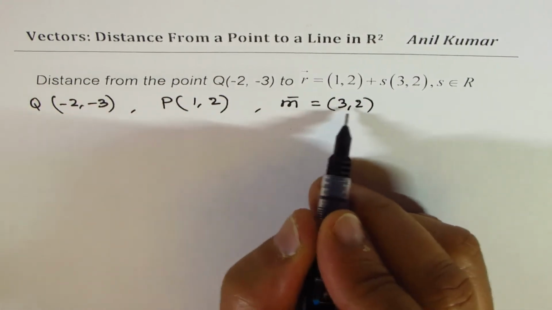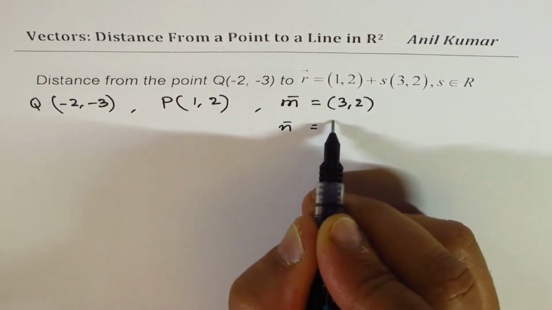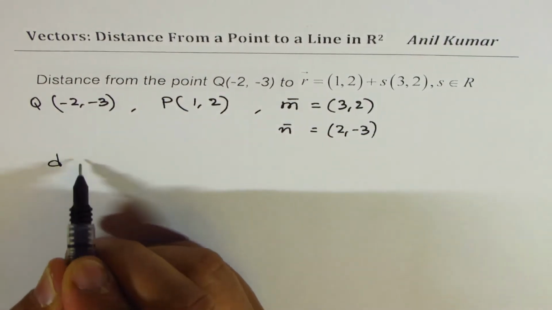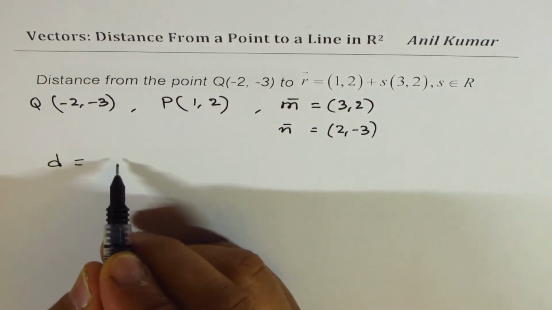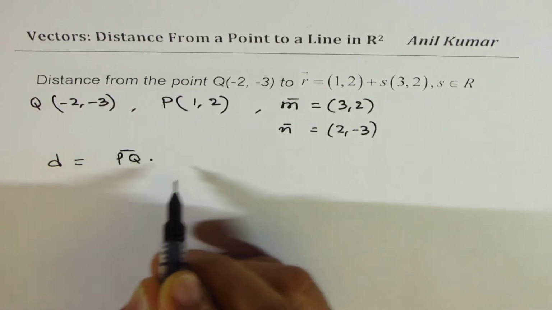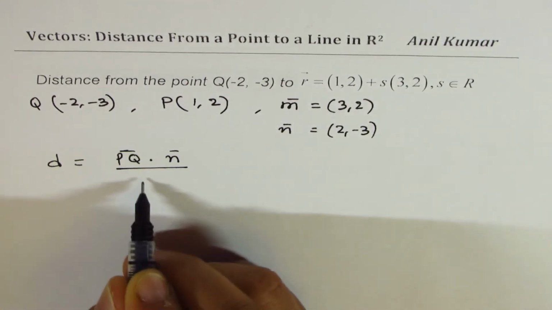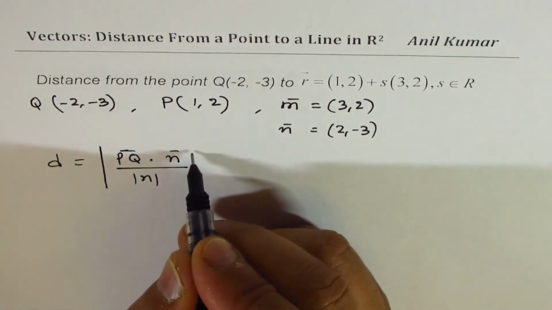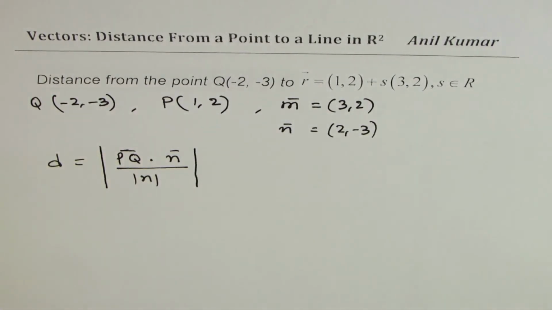Now since direction m is (3, 2), the normal direction will be (2, -3). Correct? And distance, as you now know, is PQ dot normal over magnitude of normal, and always we are going to take positive values. Clear?